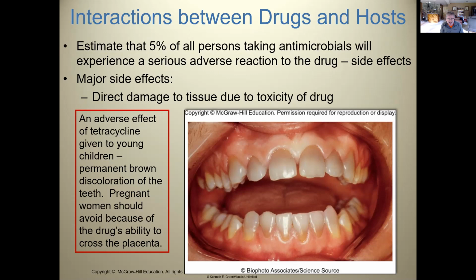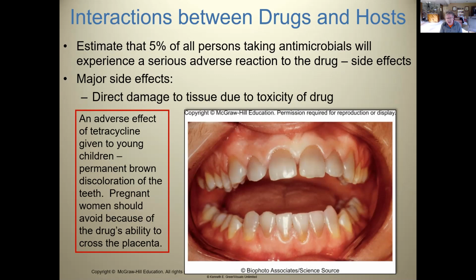I give this example because it's something that's very easy to see in young kids who have been given high dosages of tetracycline, which we talked about earlier in the chapter. I did mention in that one slide that one of the side effects was the discoloration of the tooth enamel. That might not sound like a life-threatening issue, and it's obviously not for the most part.